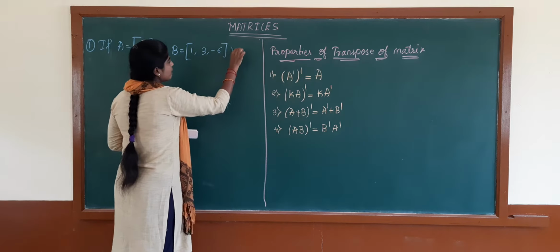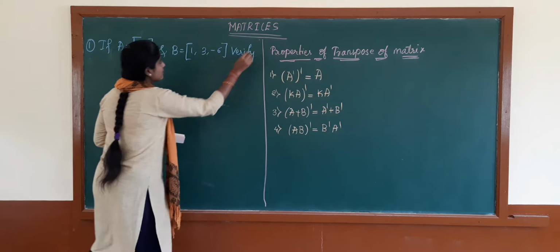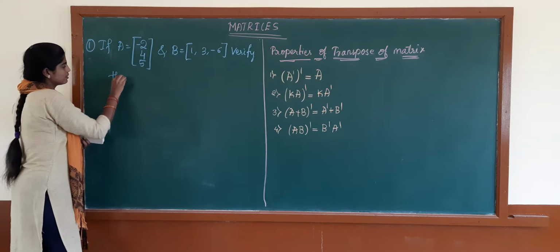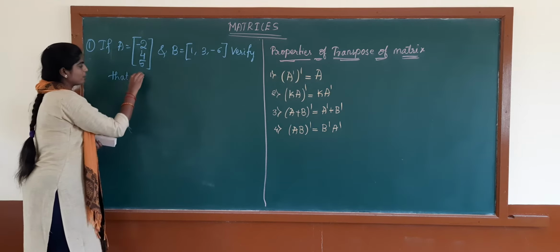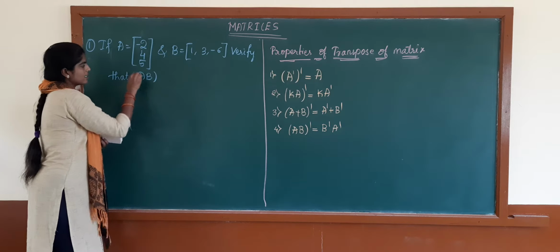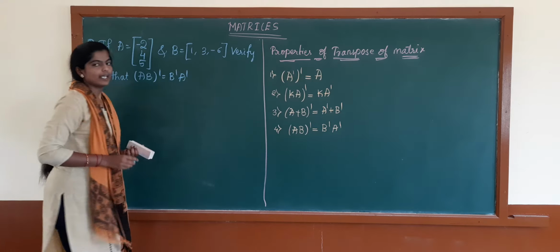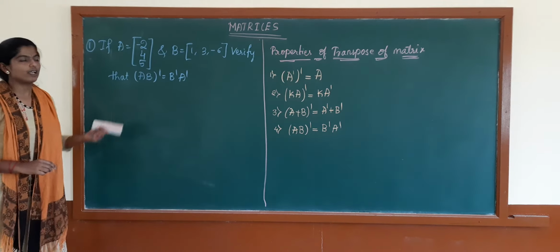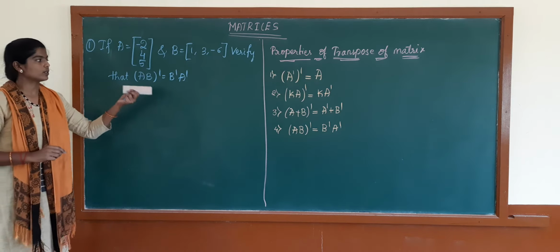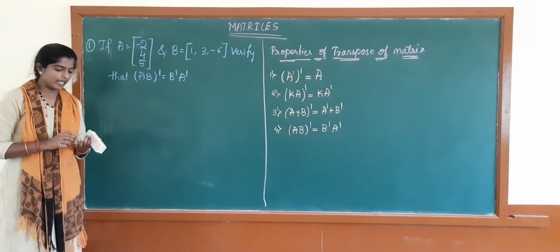Verify the fourth property, that is, AB transpose equal to B transpose into A transpose. So we have to verify this: AB transpose equal to B transpose into A transpose.